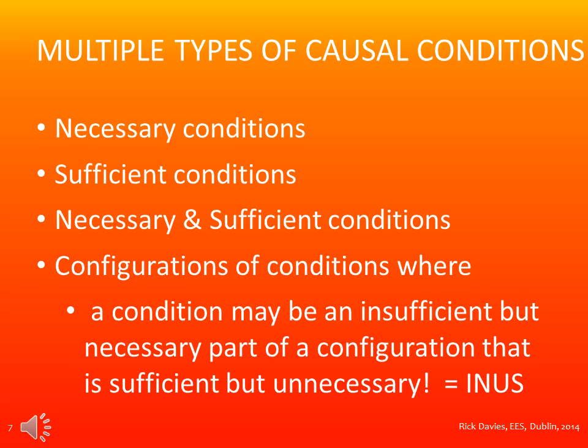These are called INUS conditions, and every condition in the decision tree you saw a few slides earlier is in fact an INUS condition. They are the most common types of conditions that we tend to find. Sufficient or necessary conditions, or necessary and sufficient conditions, are a lot less common.